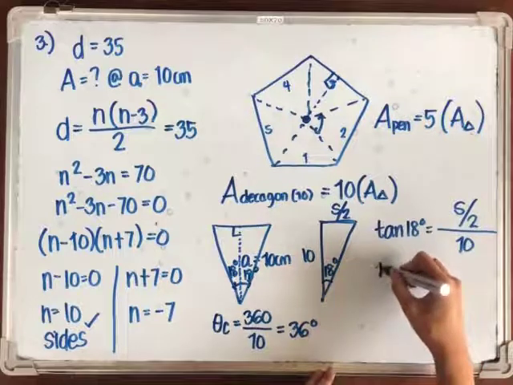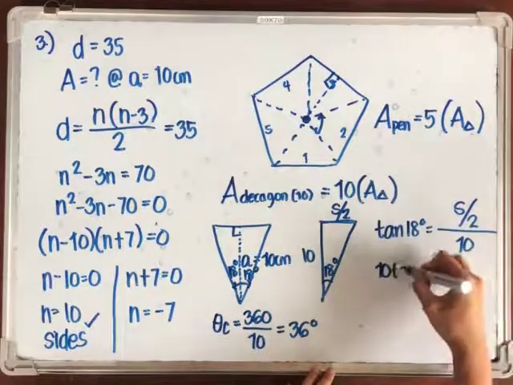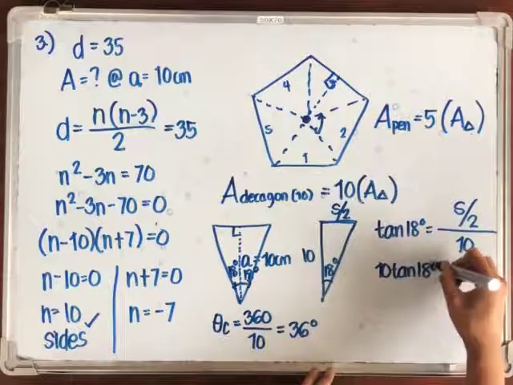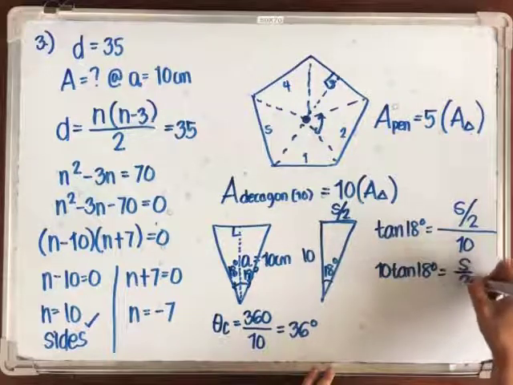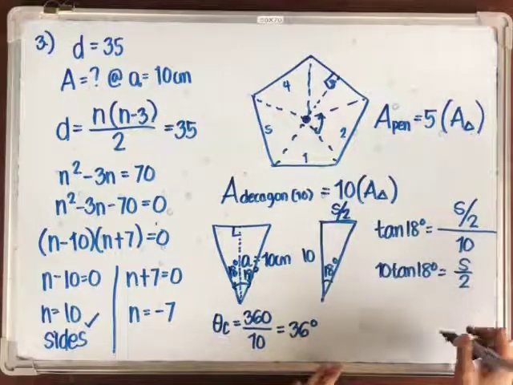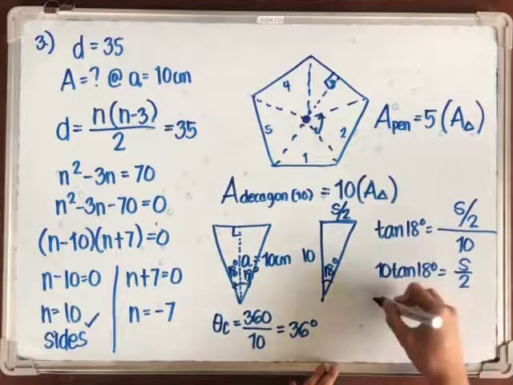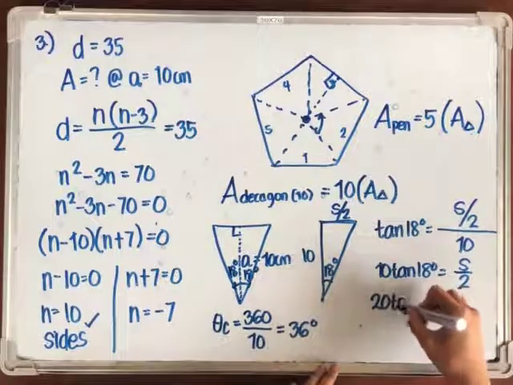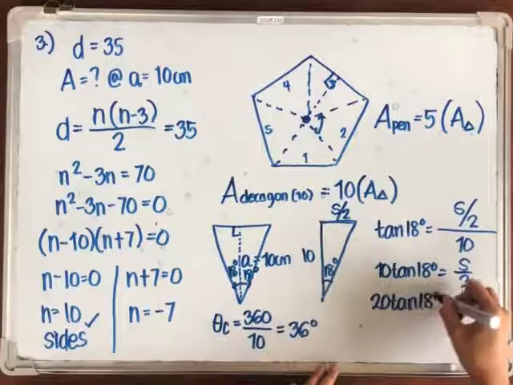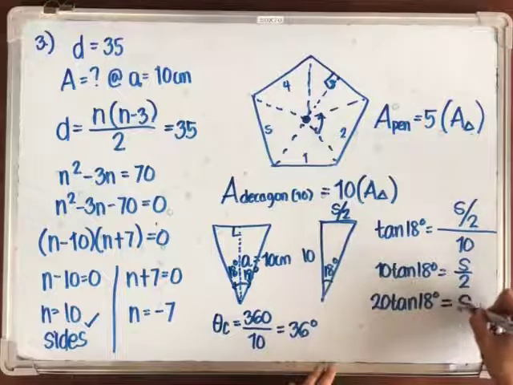So that gives us 10 tangent of 18 degrees is equal to s over 2. Multiplying this across, this would be 20 times tangent of 18 degrees is equal to s.